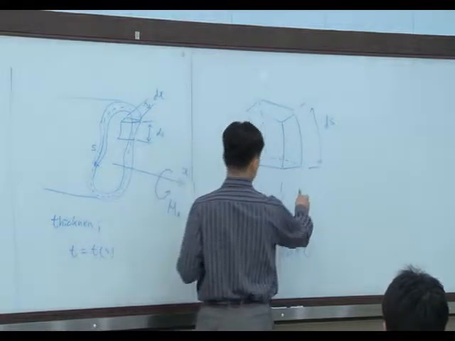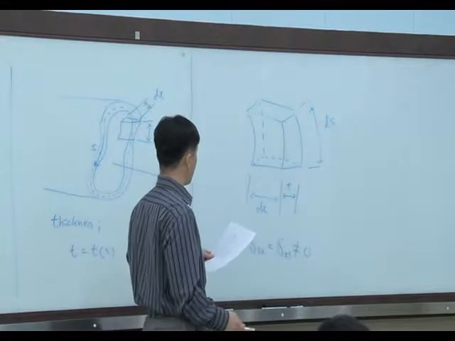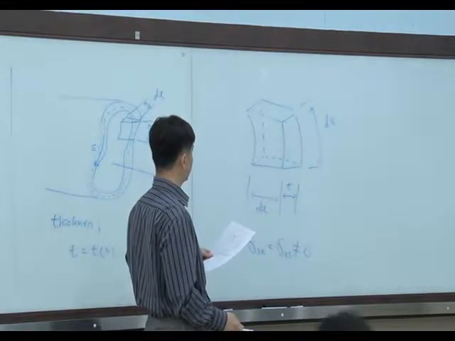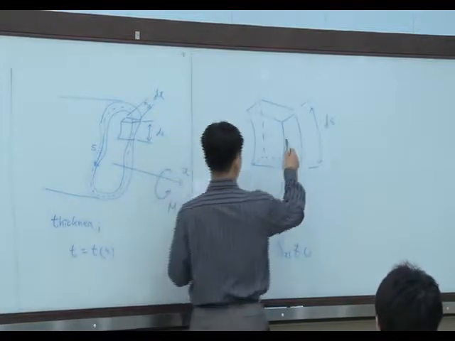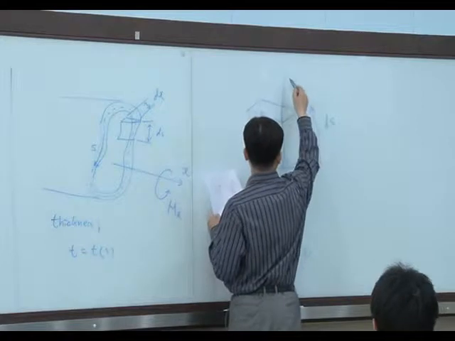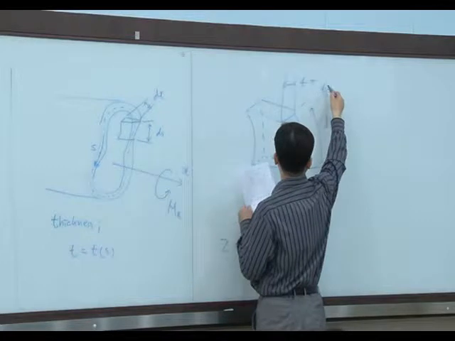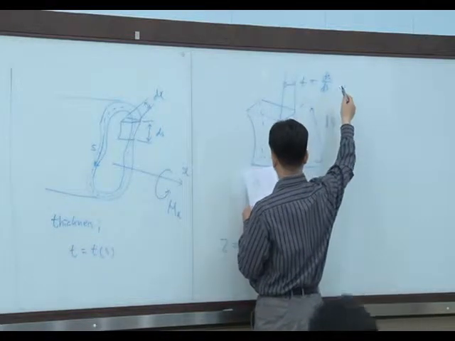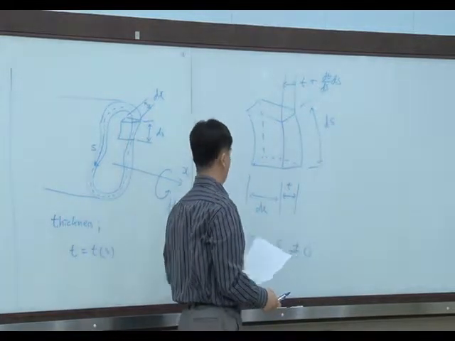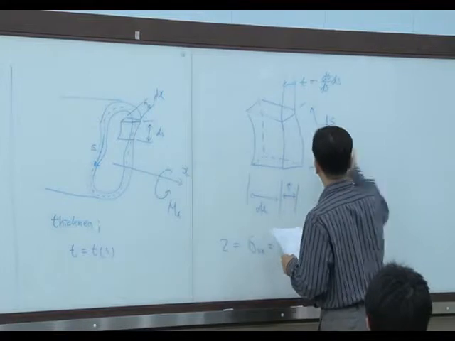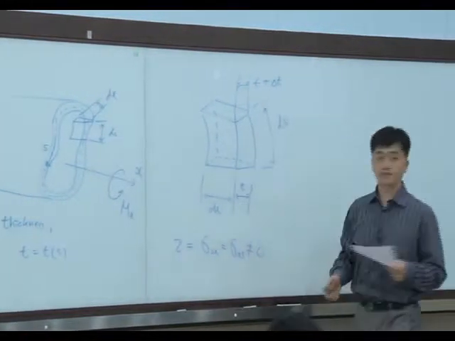And here, thickness t. The thickness is also changing here. Thickness is equal to t plus dt/ds times ds. Or you can think of it as t plus delta t, the same.